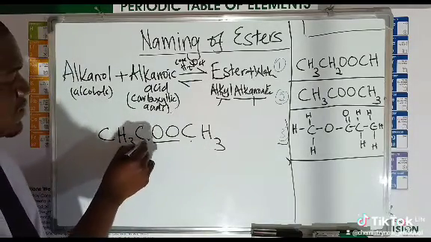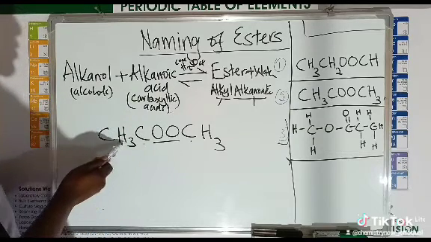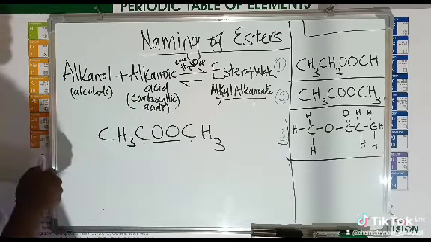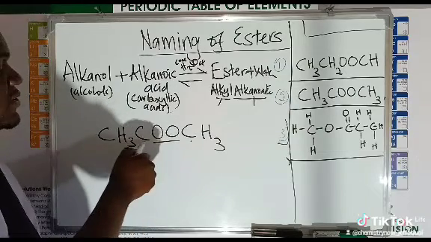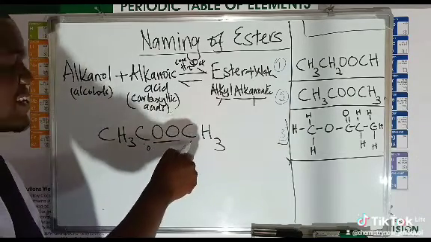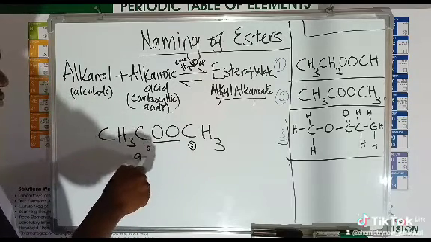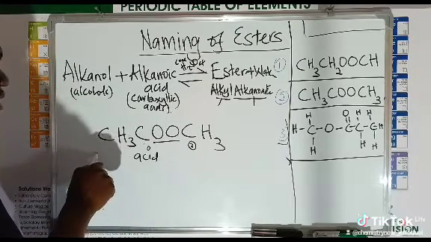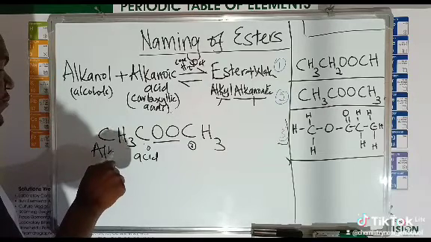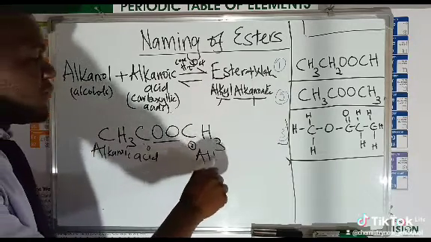This carbon atom has no hydrogen attached to it, because as you can see, all these 3 hydrogens are bonded to this other carbon atom, and so this one has 0 hydrogen atoms. This one has 3 hydrogen atoms. So it means that this one is the alkanoic acid, and this one is the alkanol.